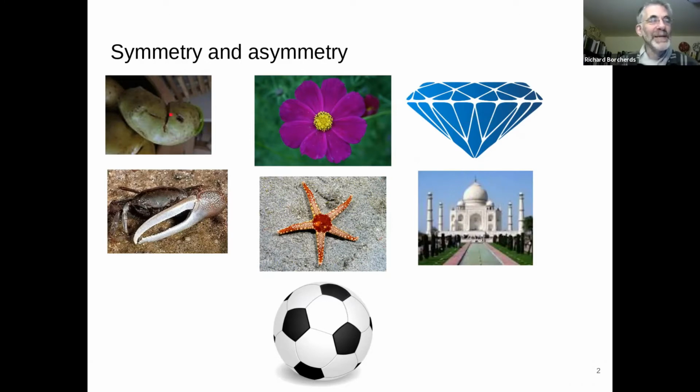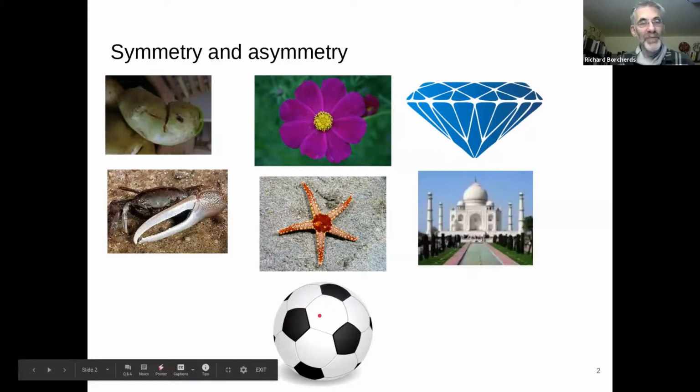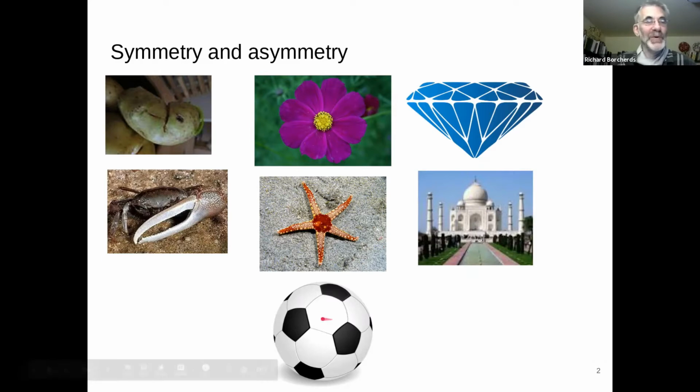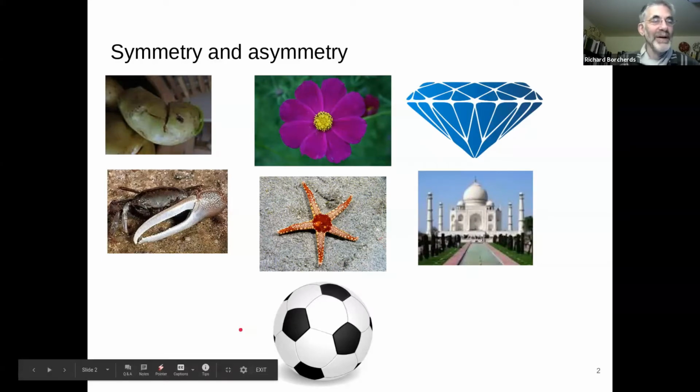And here we see a potato, and potatoes are not generally regarded as very artistic objects. And as you can see, a potato has very little symmetry. Down at the bottom, we've got a football, which has quite a lot of symmetries, either 60 or 120, depending on how you count them.